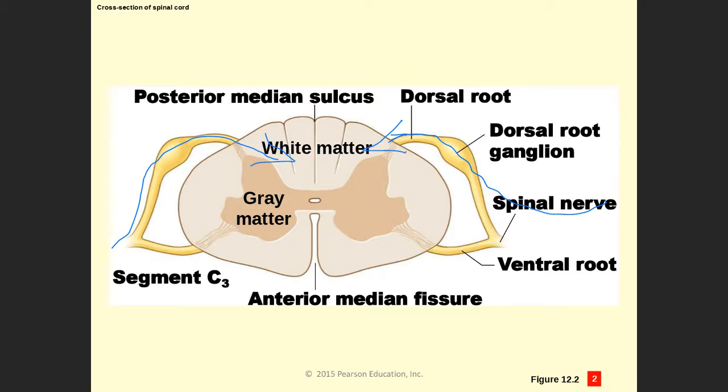And then information exiting, after being integrated and you're sending out information, is sent via the ventral root. So your ventral root becomes what is called your efferent root because it's exiting. And your dorsal root is your afferent because it is what is coming in. And we're going to look at that in more detail when we get into the peripheral nervous system.